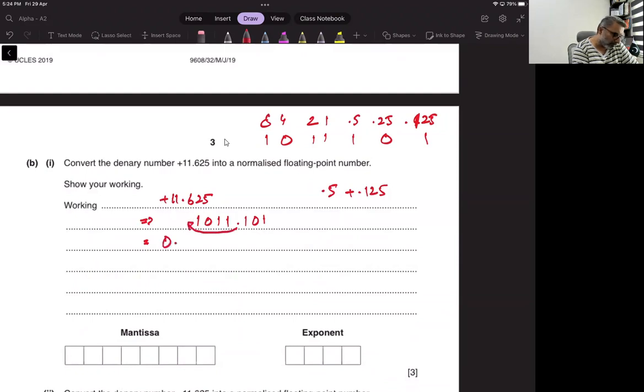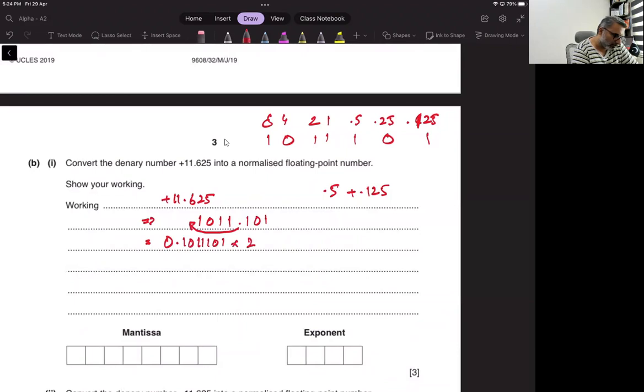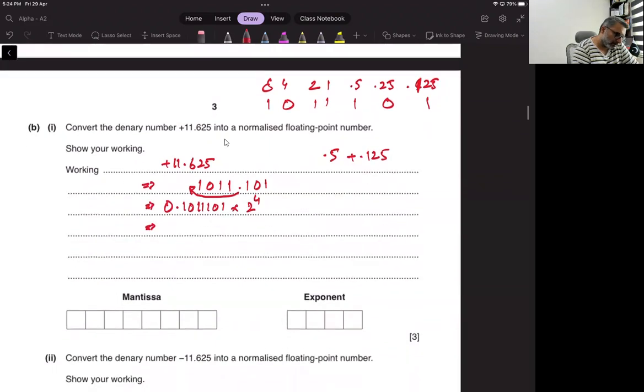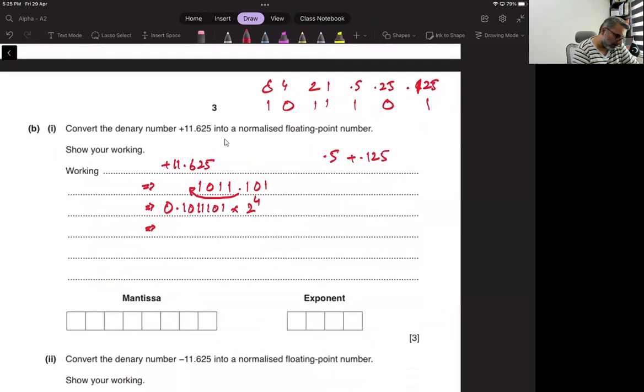So this will become 0.1011101 into 2 to power 4. And in floating point format, this will become 0, 1, 0, 1, 1, 1, 0, 1, exponent 0 1 0 0.